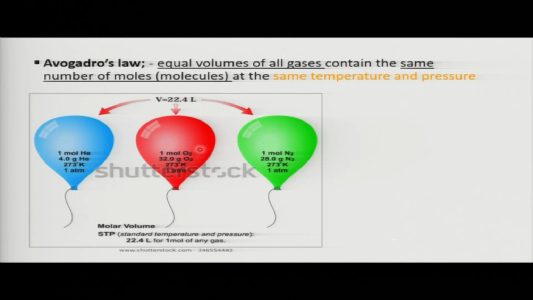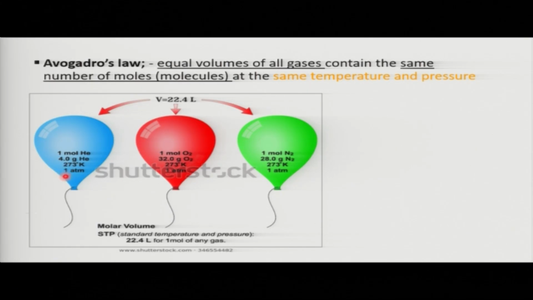Let's look at our illustration. The blue balloon has helium, red has oxygen, green has nitrogen. They have different masses: nitrogen 28, oxygen 32 because it is a dimolecule, and helium as a single atom has 4 grams.